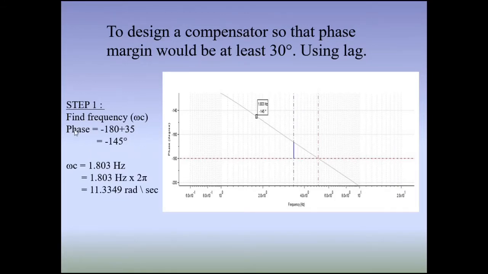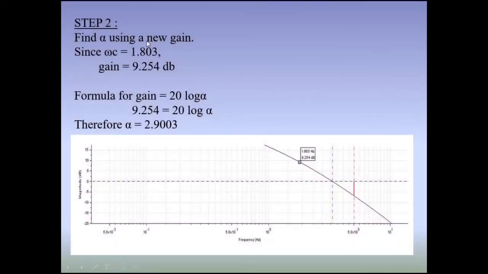From negative 145 degrees we get our frequency, which is 1.803 Hz. To convert to radian per second, we multiply by 2 pi, and we get 11.3349 radian per second. For step 2, we want to find alpha using the new gain.